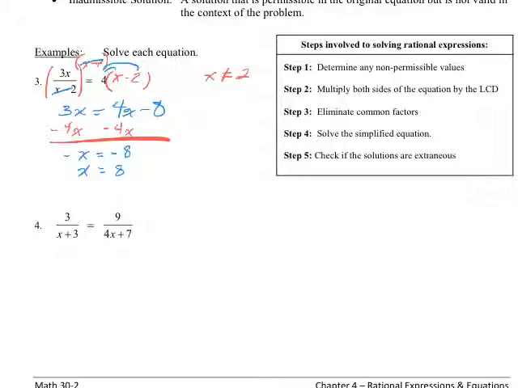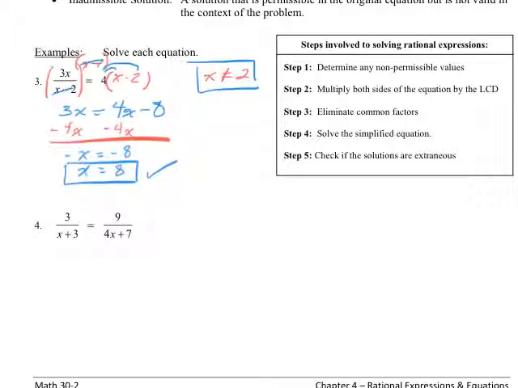The operation that we did to get from the second last line to the last line, we could look at either as dividing both sides by -1 or multiplying both sides by -1. Since we end up with a value of 8 for x, it's not the non-permissible value, and so this is an acceptable solution.